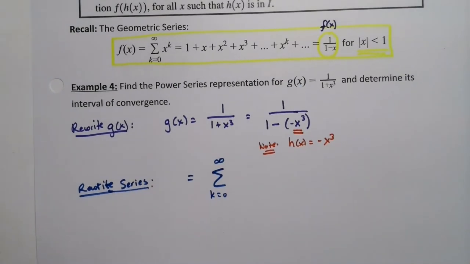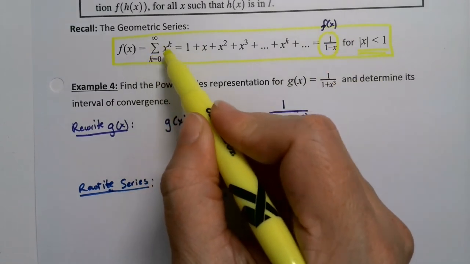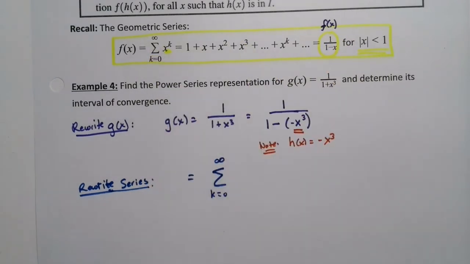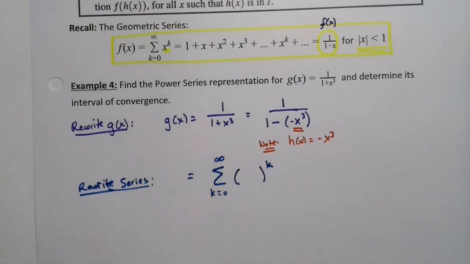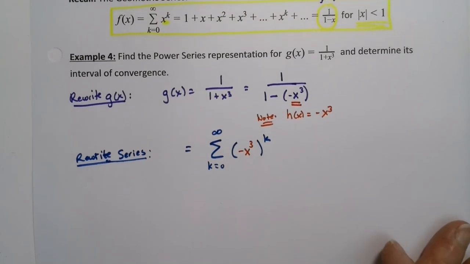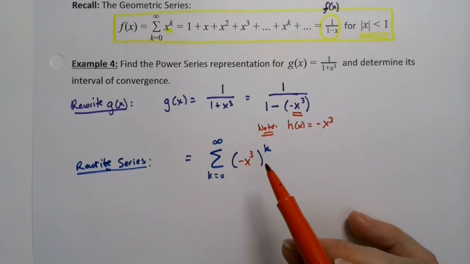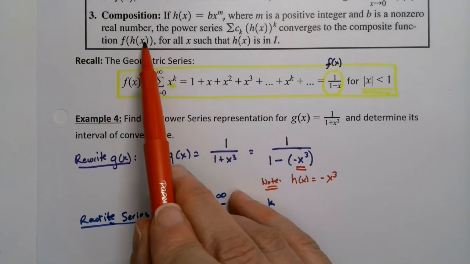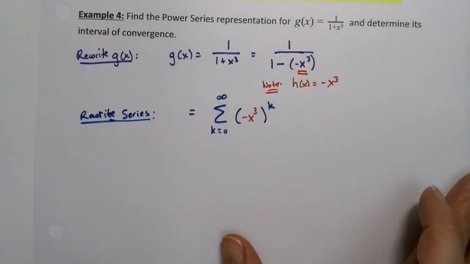So when I look at this function, f of x, it was 1 over 1 minus x. That was equal to x to the k right here. So now, instead of having x to the k, I'm going to have negative x cubed to the k. Right? My h of x is being composed in my series. I'm nesting h of x into my power series, like that.